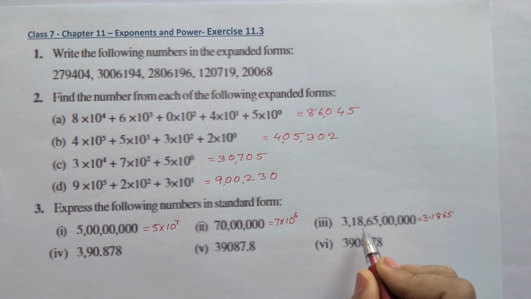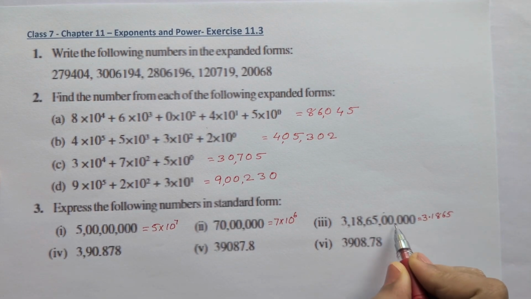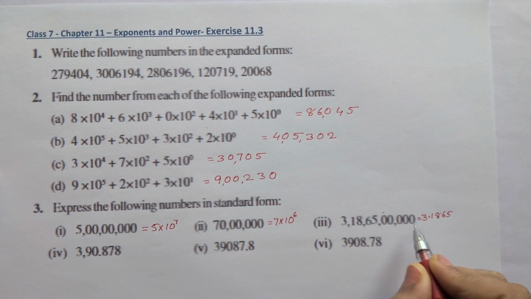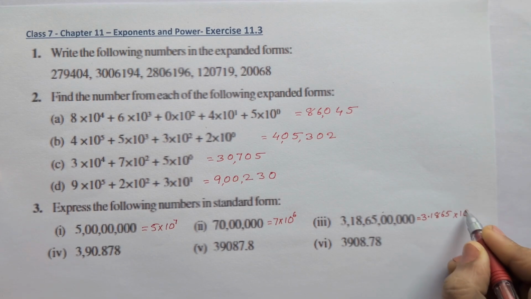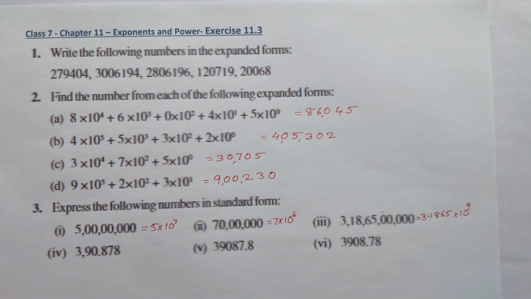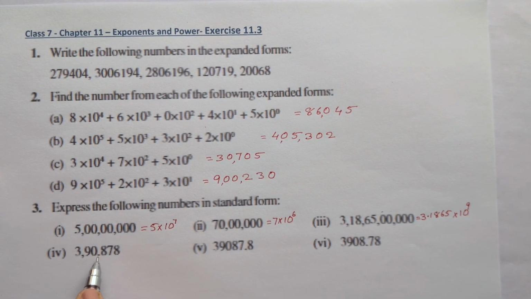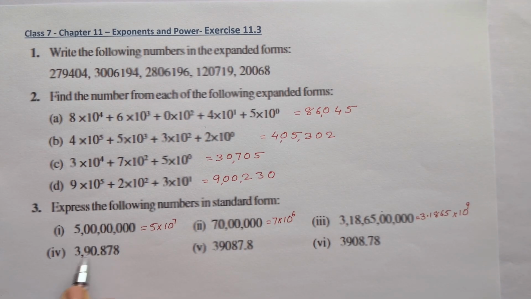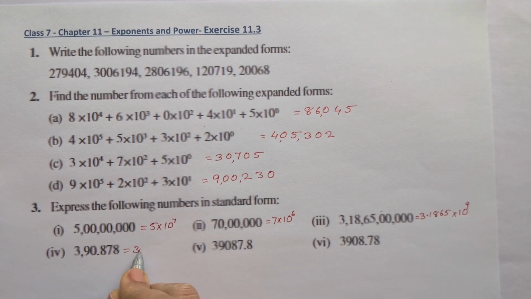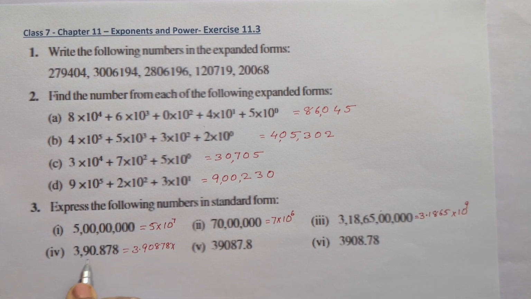So after the point 2, 4, 6, 9 places are there, so we have to write that much, 10 raised to 9. Here 2 places we have to move to left, that means 3.90878 into 10 square.